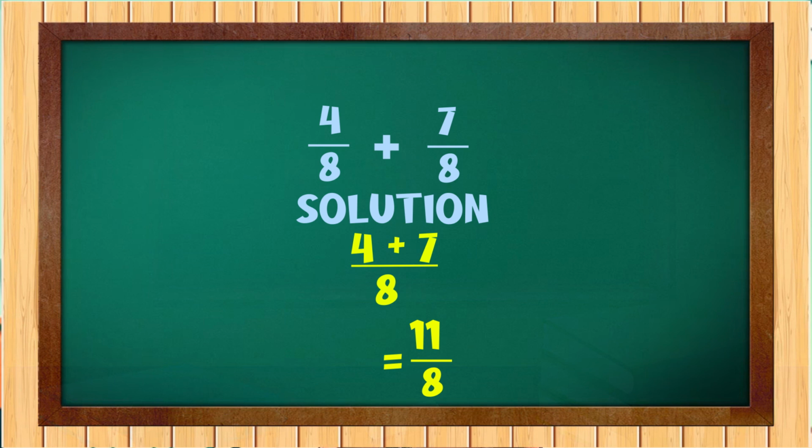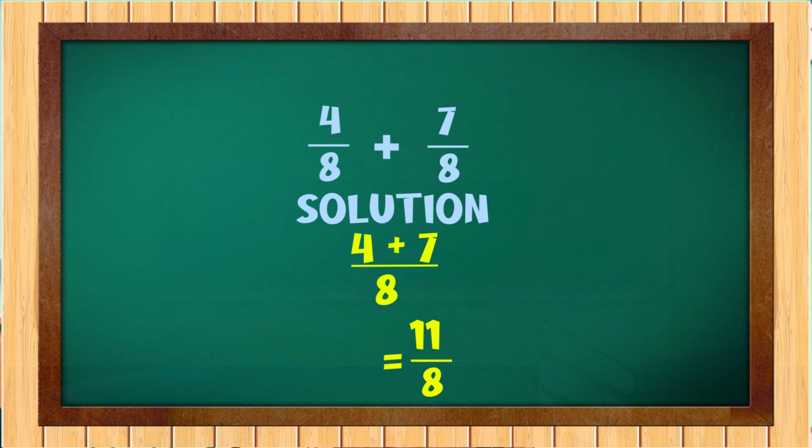But boys and girls, I'm a bit curious. Could we put 11/8 on the answer line? 11/8 is an improper fraction, and we know that to write our answer on the answer line, it must be written in the simplest form. So let's change 11/8 to a mixed number.